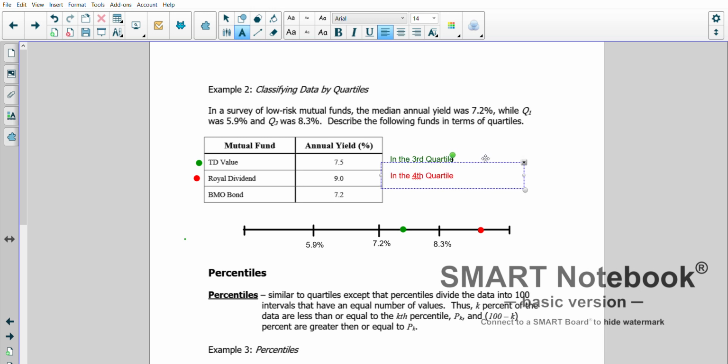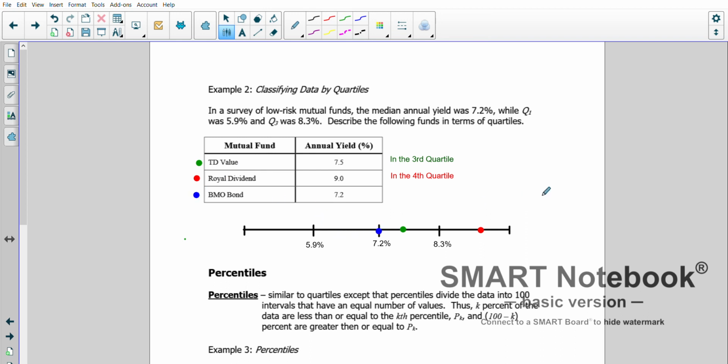And then lastly, we have BMO, Bank of Montreal, we'll do in blue. They're at 7.2. So they're right on the median. So that this fund would be a median performing fund.